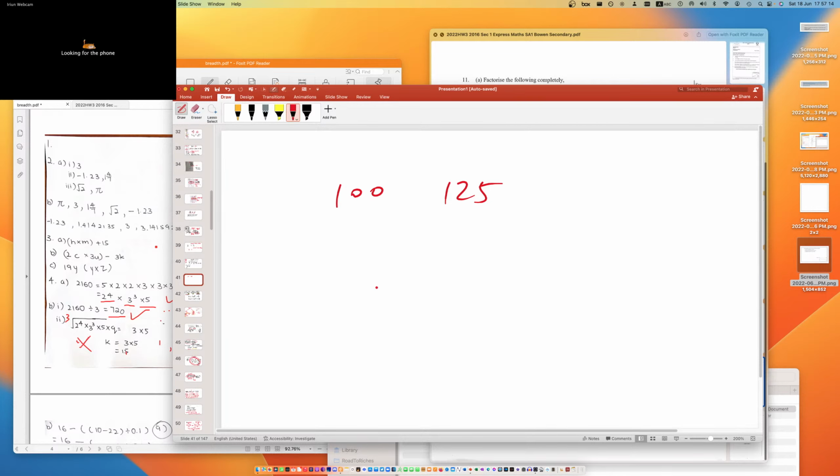So in a way, this requires a calculator also. But I think it's okay. No need to give me index notation, just give me the normal. So what's the LCM? Wait, let me count. Okay, your school method, not my one. So the LCM is 2 times 5 cube, 2 times 5 to the power of 3.